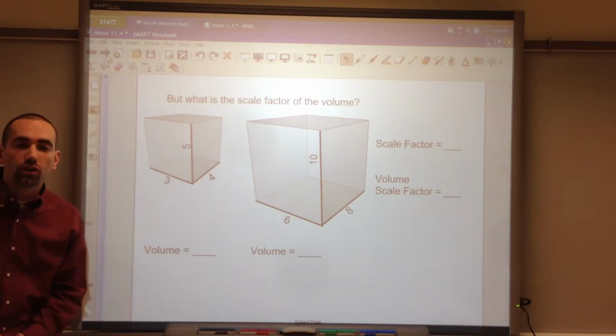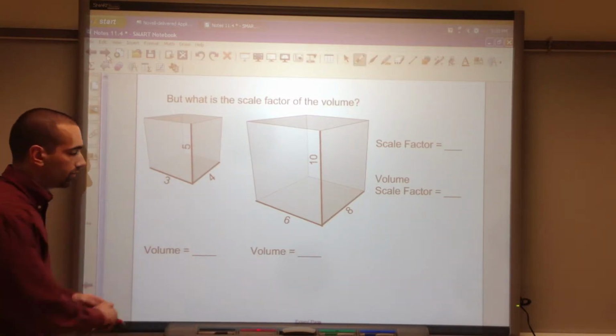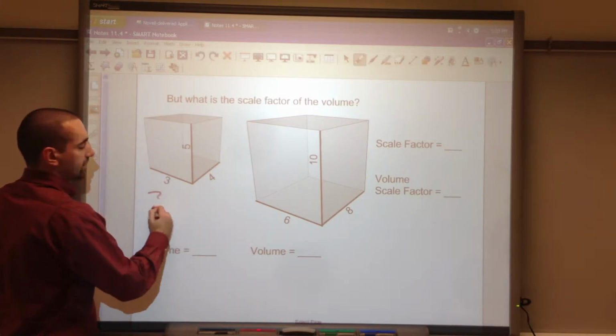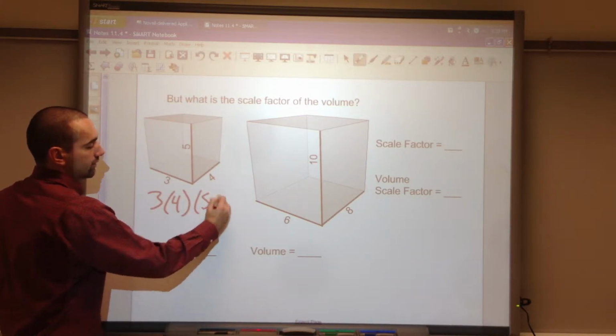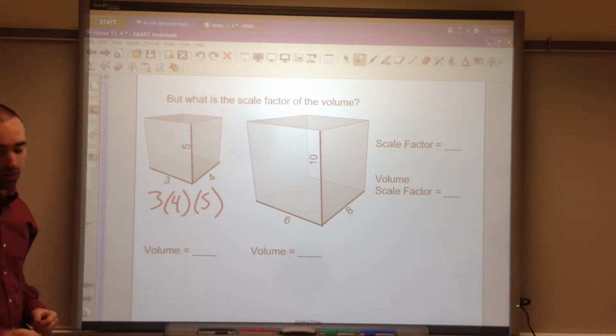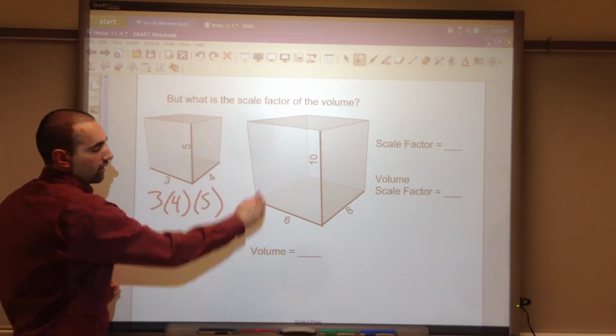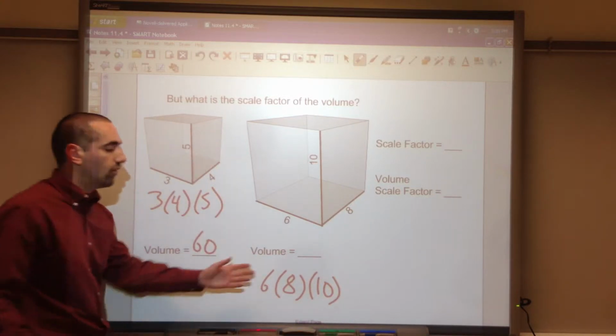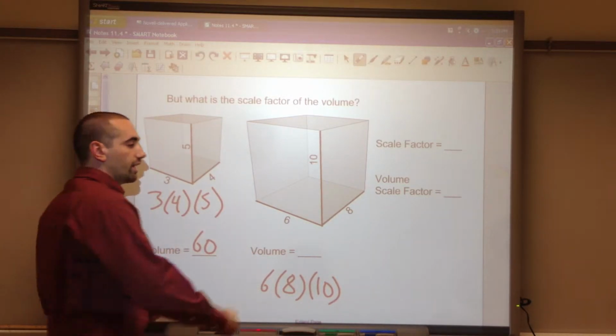But what about the volume? Volume, length times width times height. The volume of this shape is 60. Length times width times height. The volume of this shape is 480.